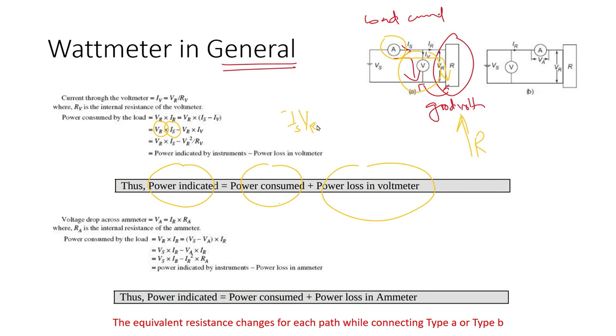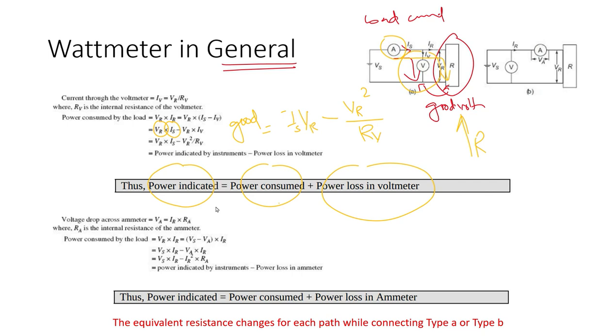And then what will we do? We will subtract the amount of power that is consumed by the voltmeter. The voltmeter has this voltage across it, and VR is given, so we can take the square of it, VR square divided by the resistance of this voltmeter. So RV is the resistance of the voltmeter. If we subtract this, we will get the good value, the value that is the real power consumption.